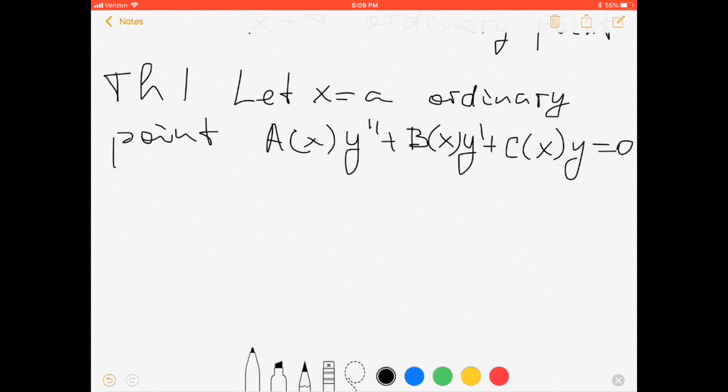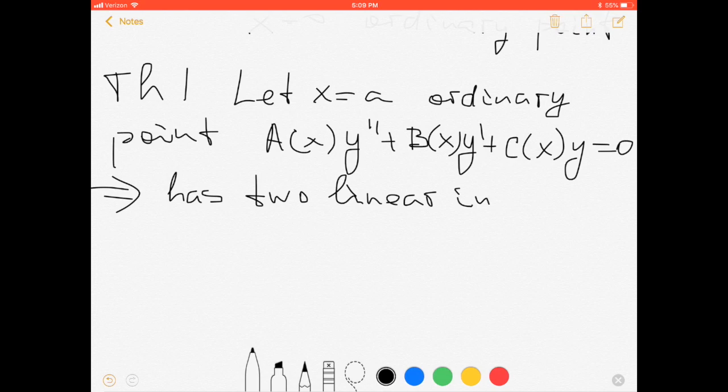Then our equation has two linearly independent solutions. You all remember what linearly independent is, right?